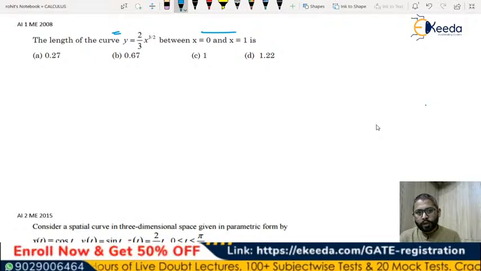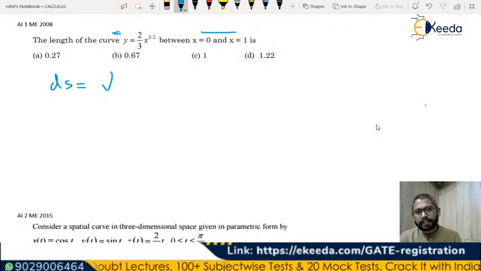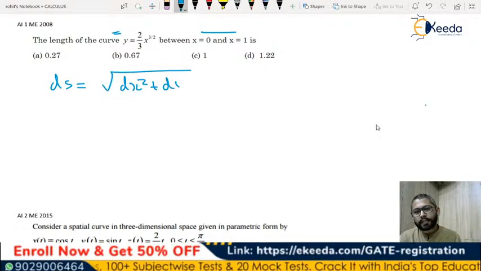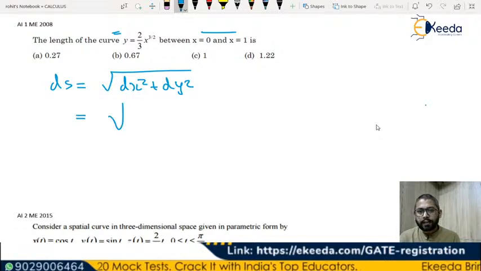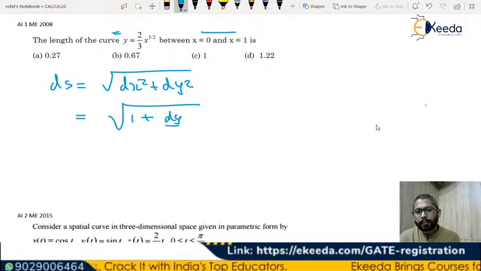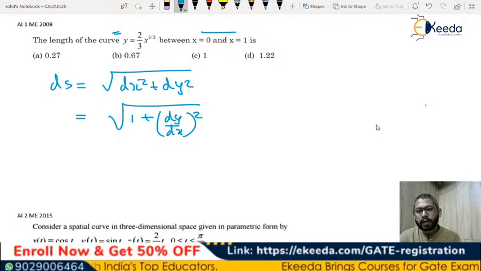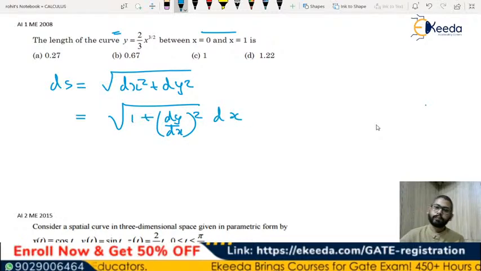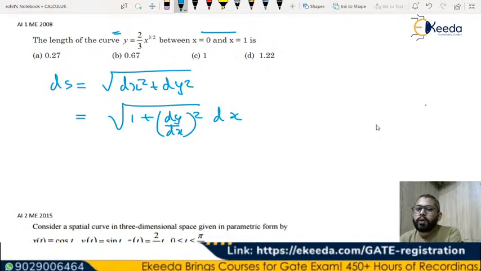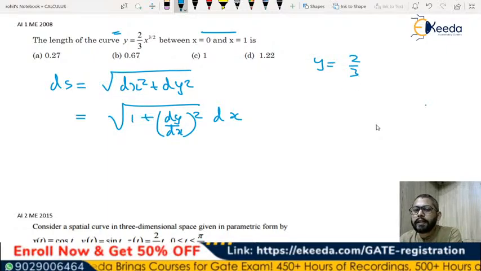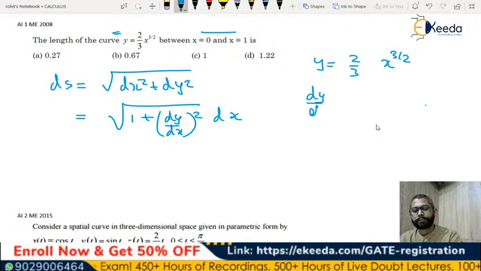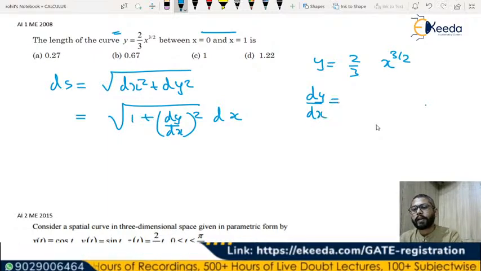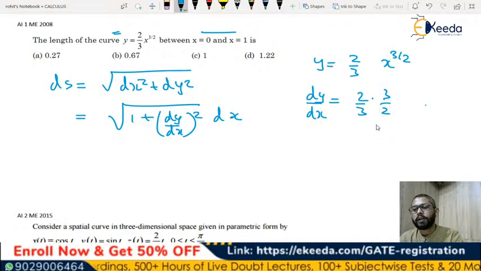Now we know one small thing about the length of the curve: ds squared is dx square plus dy square, which, if y is a function of x, we can also write as the square root of 1 plus dy by dx square, dx. Now we have y equal to 2 by 3 x to the power of 3 by 2, then dy by dx becomes 2 by 3 into 3 by 2 into x to the power of 3 by 2 minus 1, so this is 1 by 2.